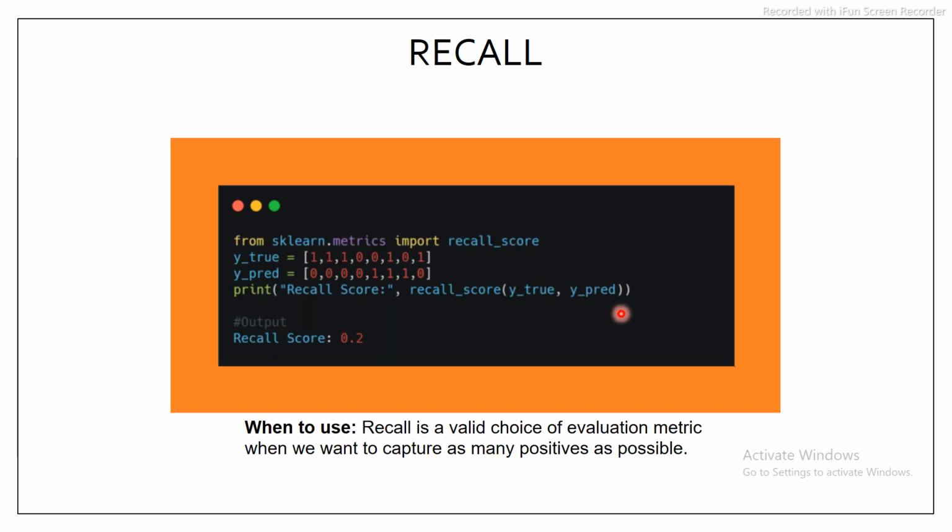So when to use recall? Recall is a valid choice when you want to capture as many positives as possible. You just want to see how many positive predictions were made by the ML system. In that case, you will look at the recall value. So for every metric, you don't only check the accuracy, you also check precision and recall. These are also important measures.